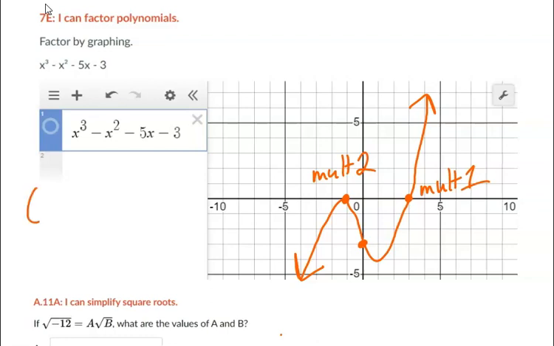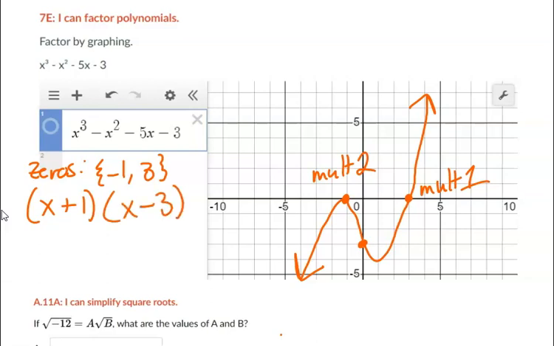So our zeros are negative 1 and 3. So our factors would be the opposite of that. So it would be x plus 1, x minus 3. Now we have a multiplicity of 2 here, so we're going to put that 2 in the exponent. This was a multiplicity of 1, so we have a 1 there, but again, you don't have to write that.